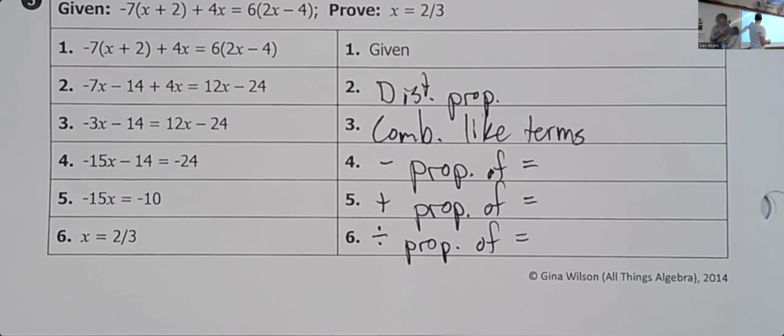And so if you put those together, we combine like terms. And then we just try to figure out, okay, what's different here? Well, the 12x was here, it's no longer here. It was a +12, so that means it must have been subtracted. So that's going to be subtraction. The -14 was here, and -14 is no longer there. To get rid of a -14, we had to add it to both sides, so that means we had to add it. So does that help a little bit? Okay.